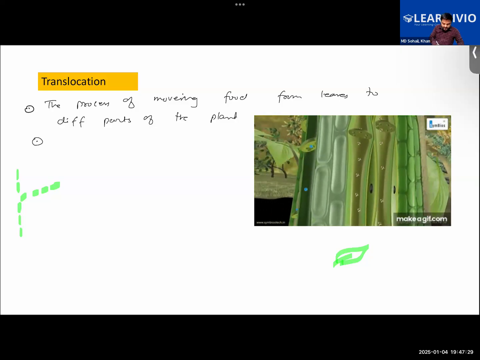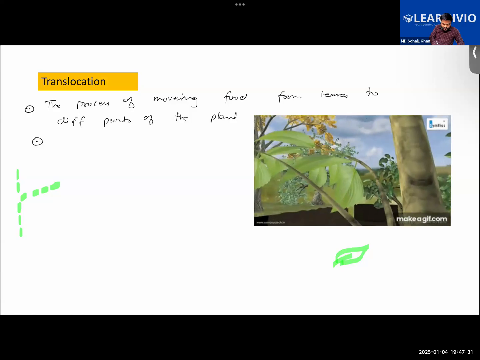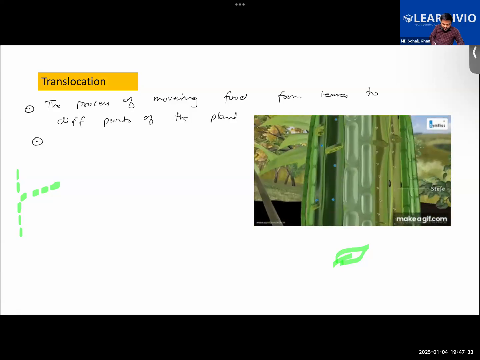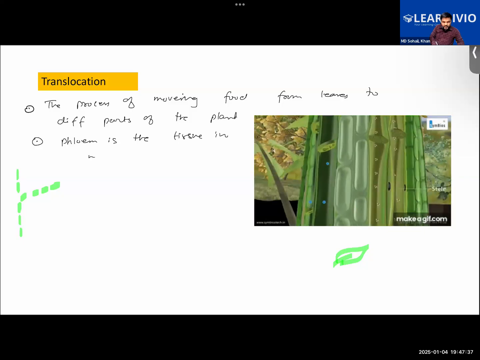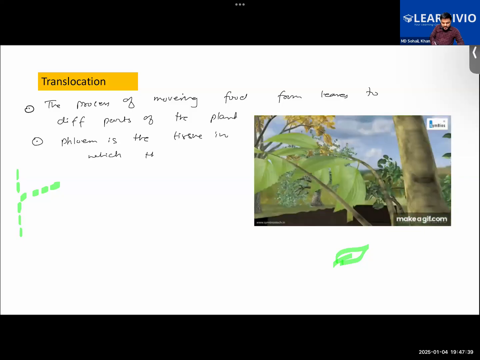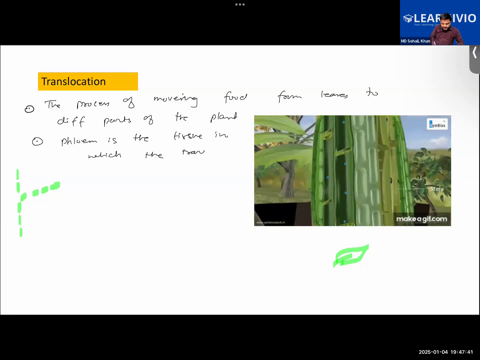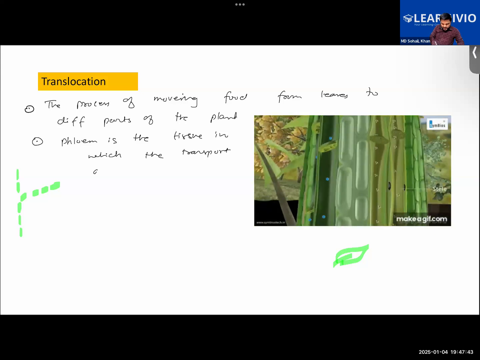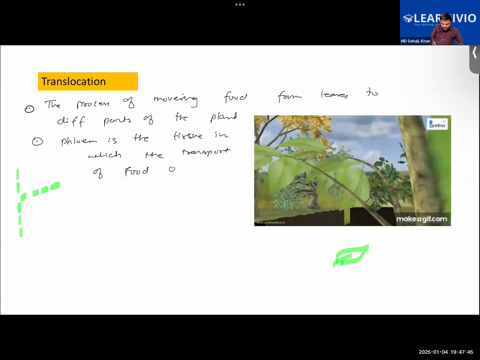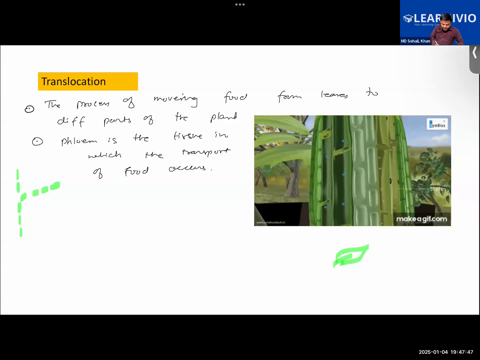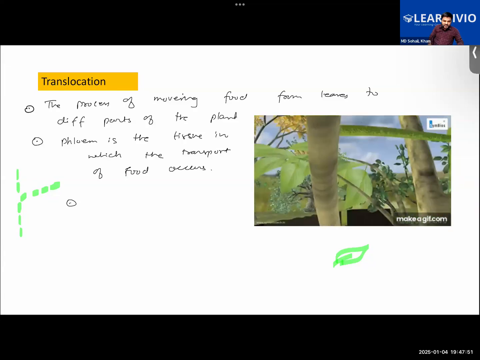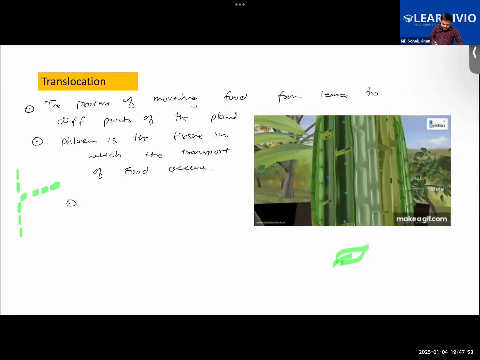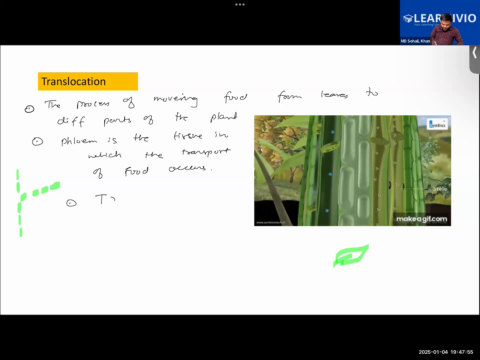So phloem is the tissue in which the transport of food occurs. Another thing is that it occurs in every direction.